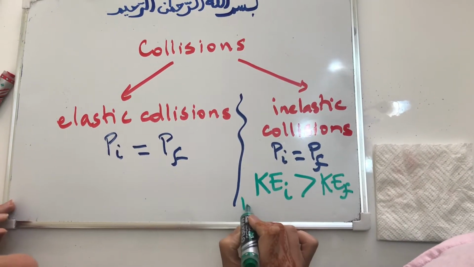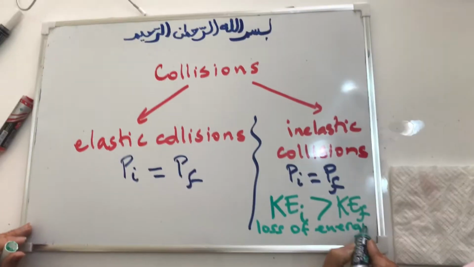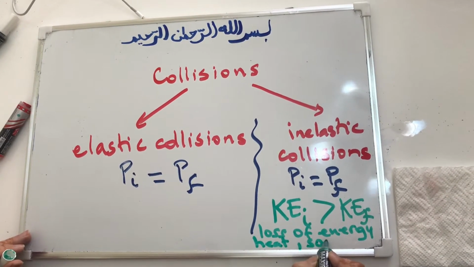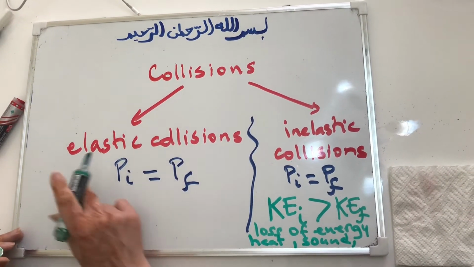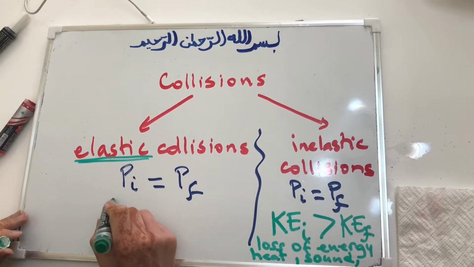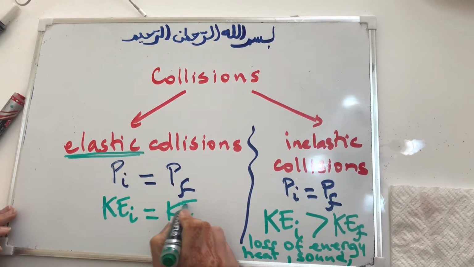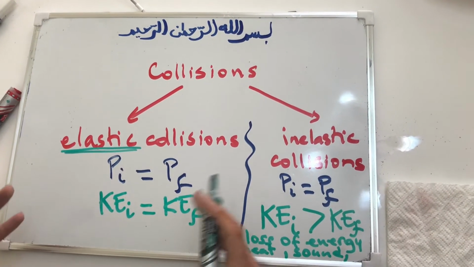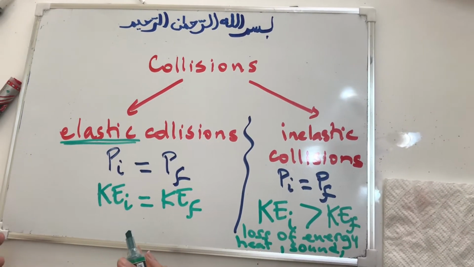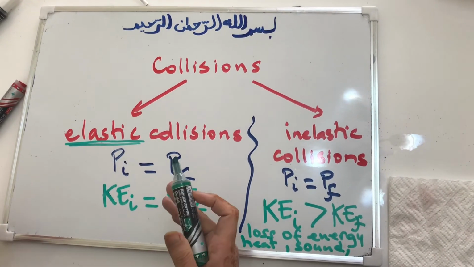So there is a loss of energy due to heat, energy of sound, deformation, etc. In an elastic collision, and those are not very common, the kinetic energy initial equals the kinetic energy final. So all the kinetic energy stays the same. There is no transformation of the kinetic energy to sound or heat or a deformation.